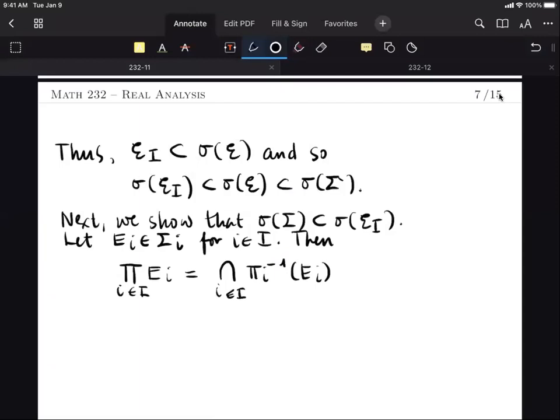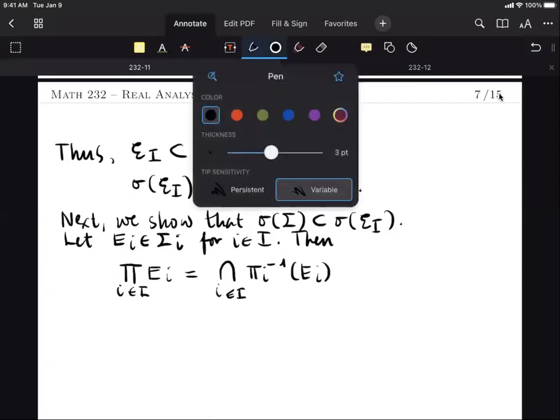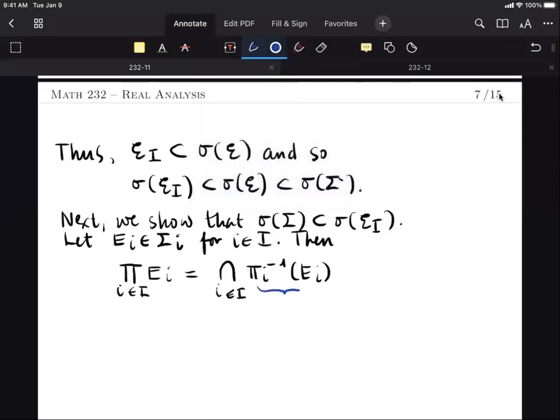And each of these is in E_I by definition. So the finite intersection of elements in E_I must be in the sigma algebra of E_I. And by a straightforward calculation, which I will ask you to verify, this leads to the following.